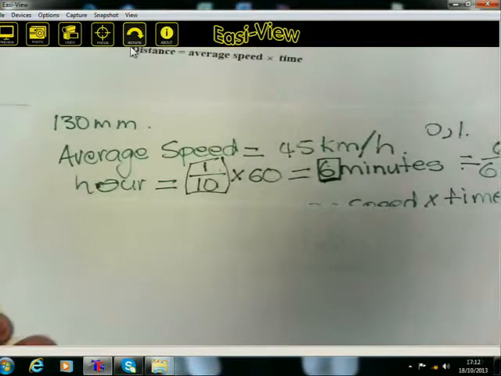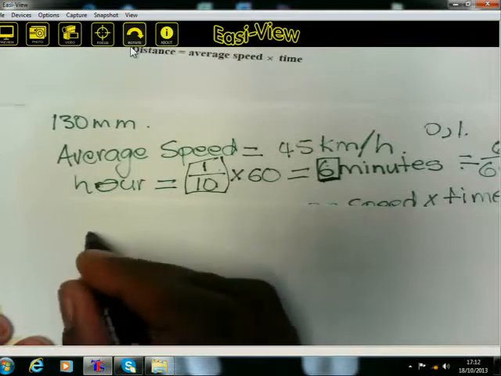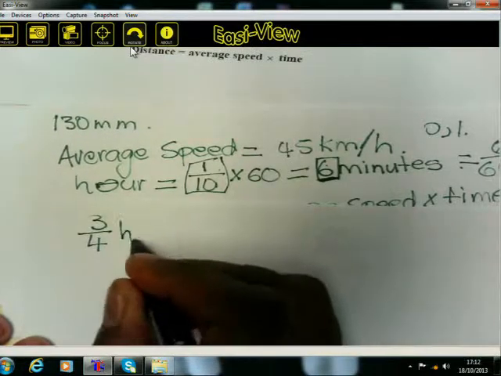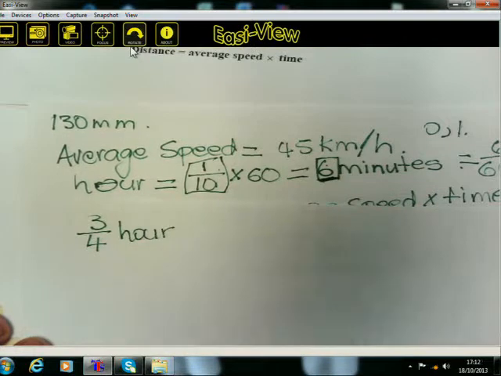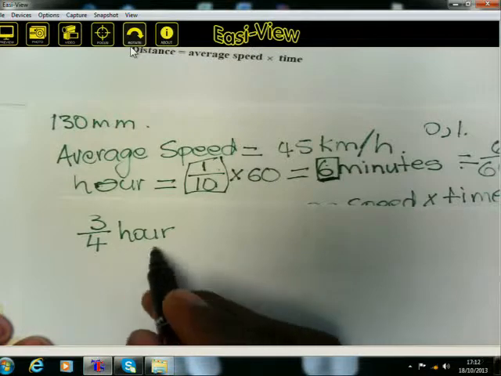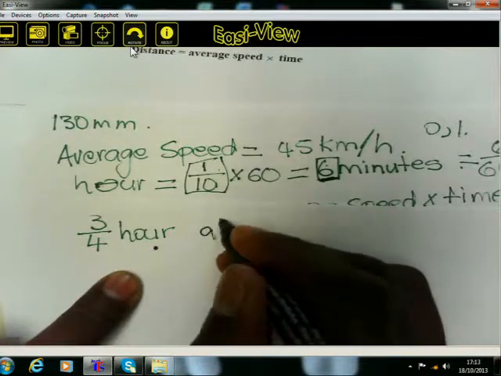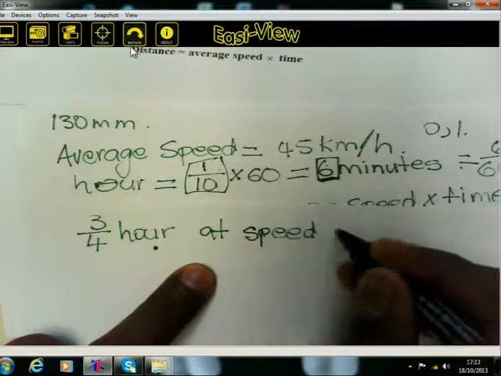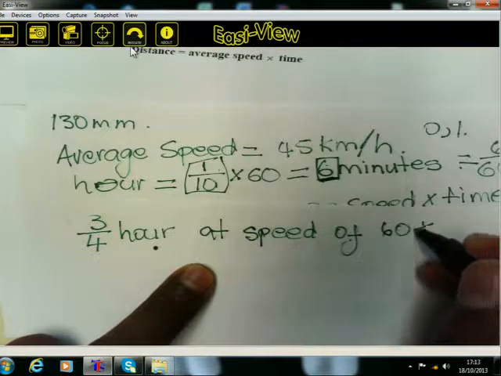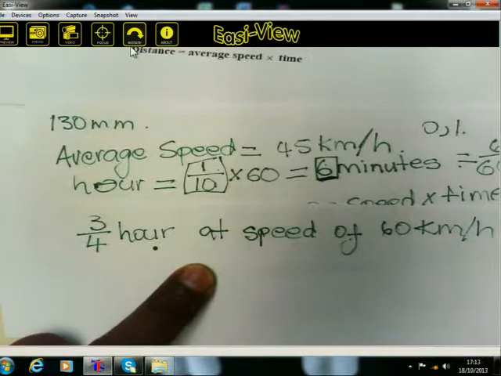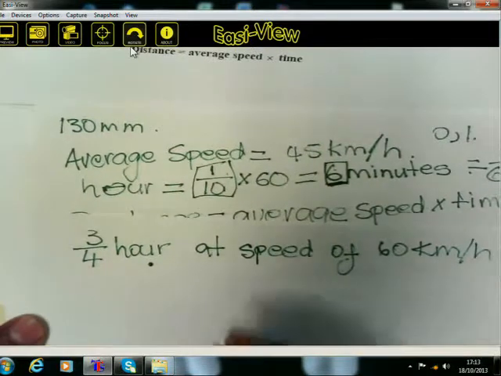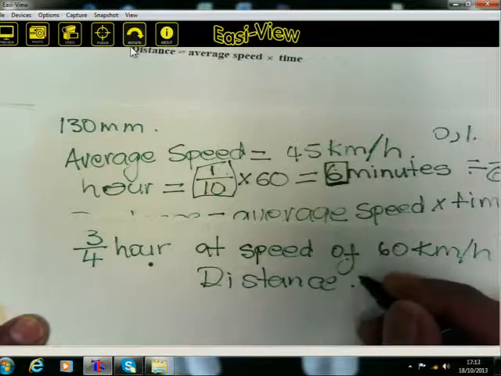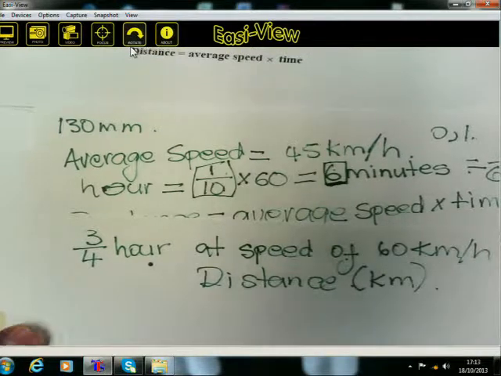If it says he completed the task in 3/4 hour on a single trip, at an average speed of 60 kilometers per hour, then determine the distance in kilometers.